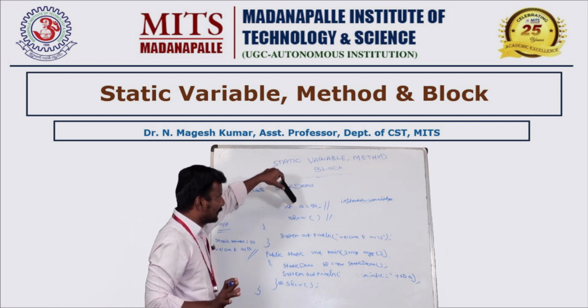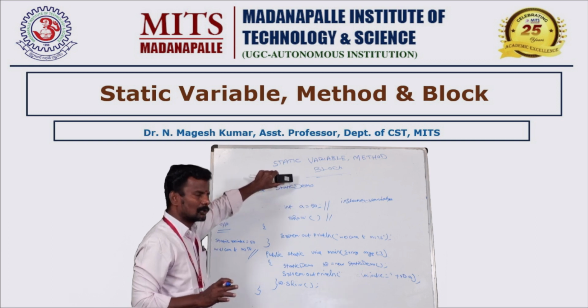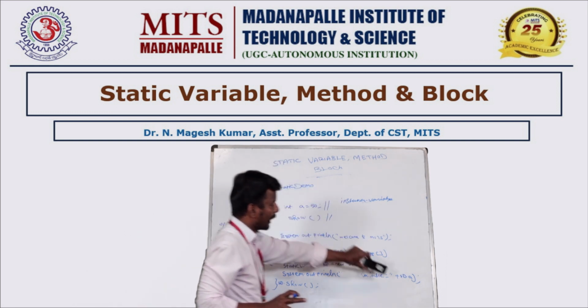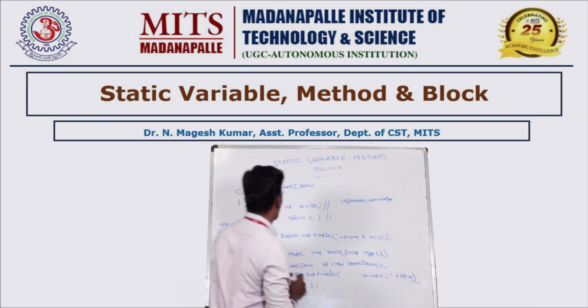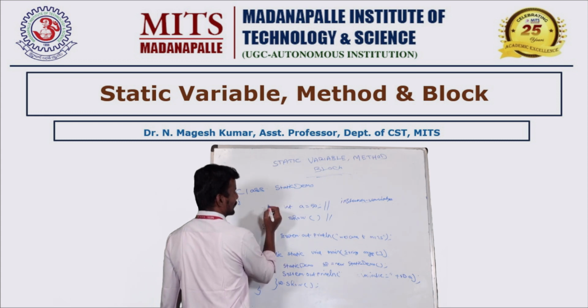The reason is that the variable and the method are declared as instance members, so an instance variable can be accessed by using the object name only. That is the difference between instance and static variables.